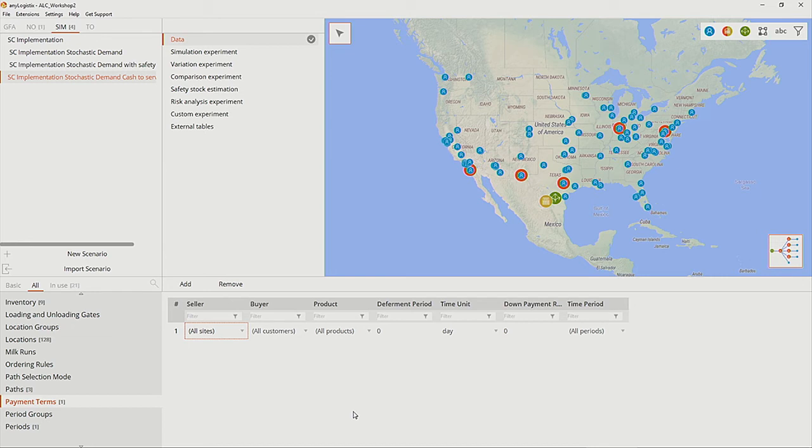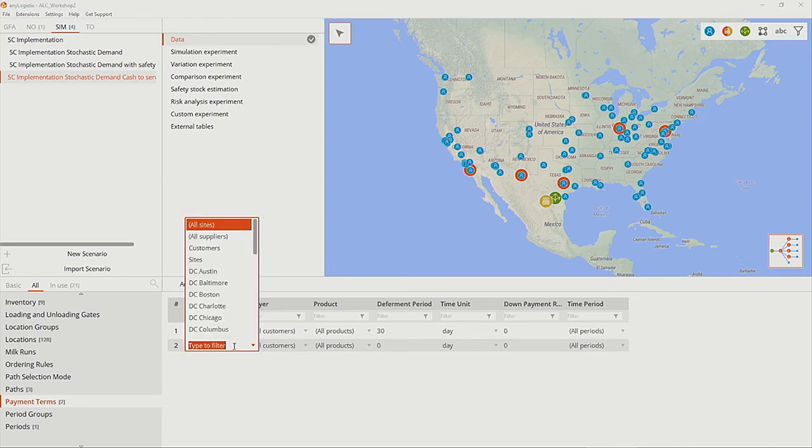And again, for simplicity, for this presentation, we'll have just 2 lines here. The first will refer to our sales to end customers, and the deferment period will be 30 days. The second line will be our relations with the supplier.